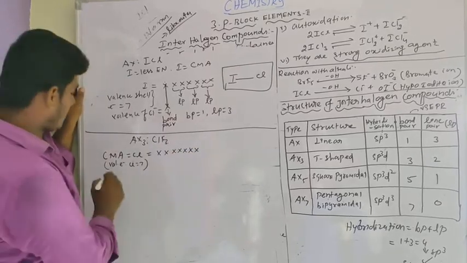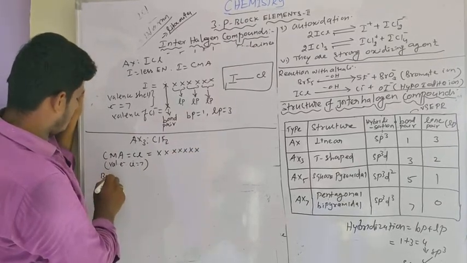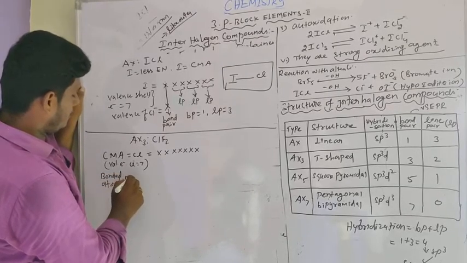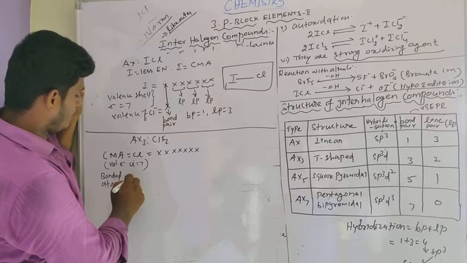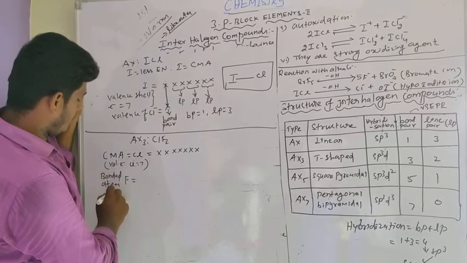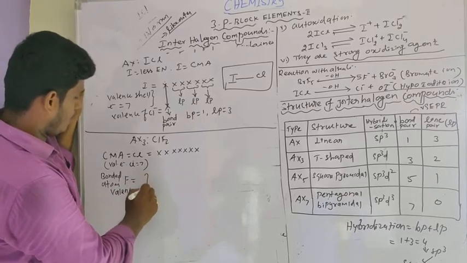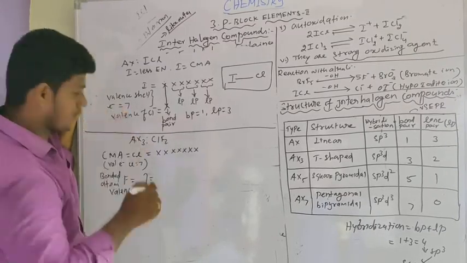The bonded atom is fluorine, with valency 1.